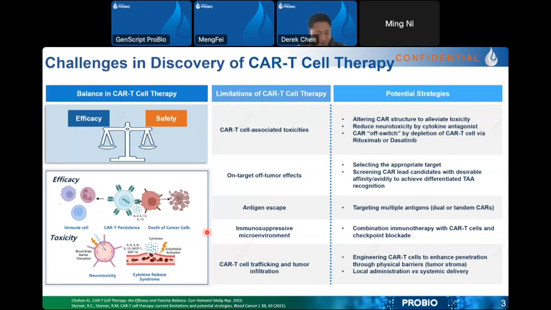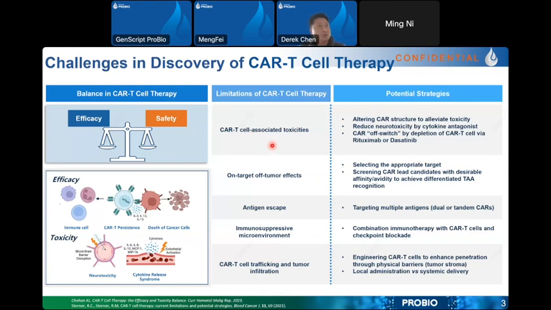The challenge lies in the physiology of CAR T-related toxicity upon the activation of CAR T cells. In general, these are the typical limitations and potential strategies.